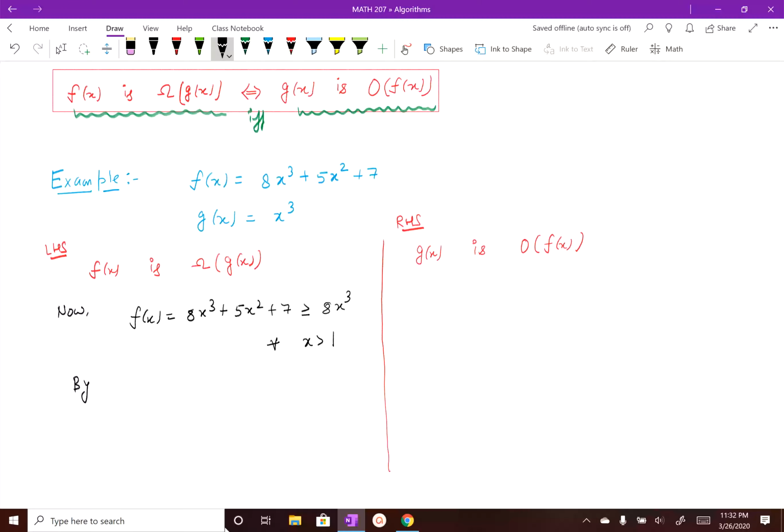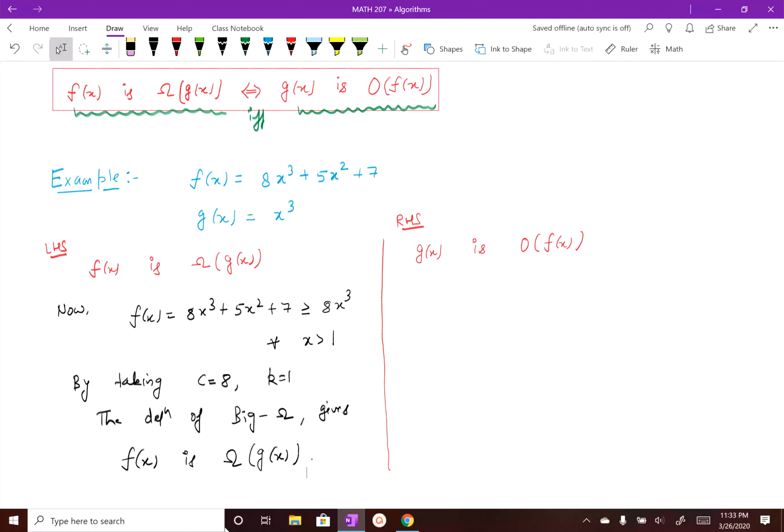So by taking the constant c equal to 8 and k equal to 1, the definition of big omega gives that f of x is big omega of g of x.